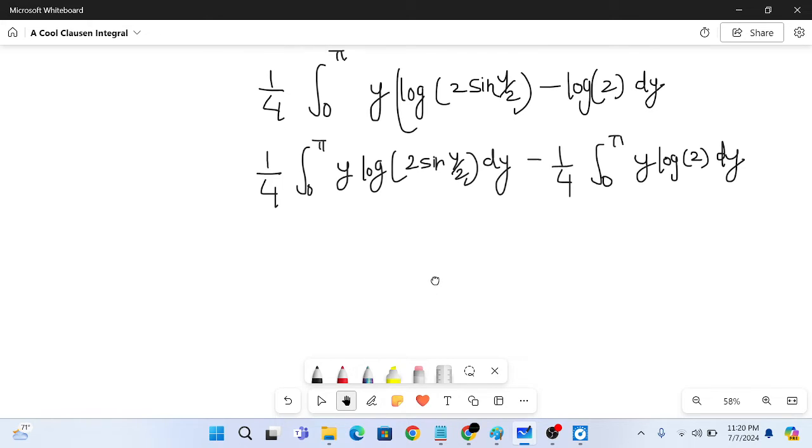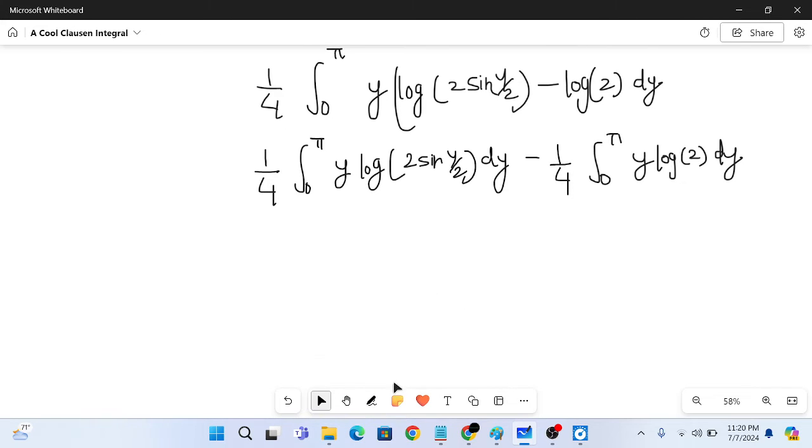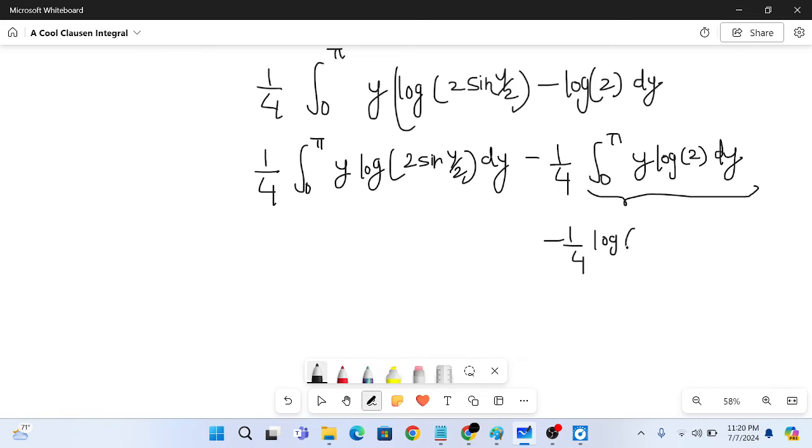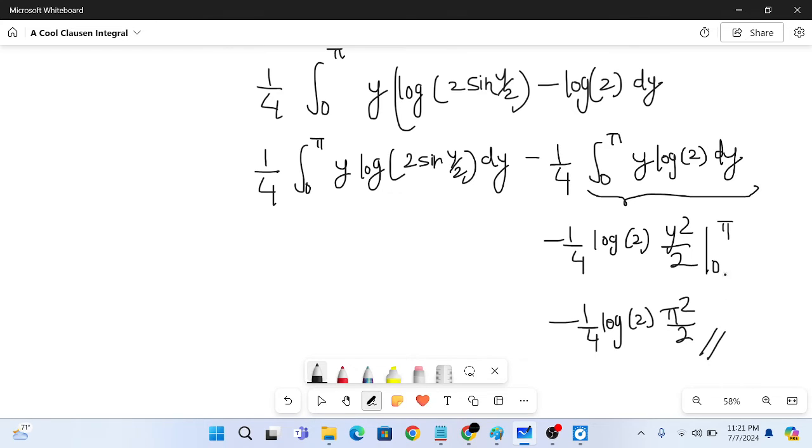Now I can integrate this easily. This is minus 1 by 4 log 2 times the integral of y, which is y square by 2, from 0 to pi. So this is minus 1 by 4 log 2, and then pi square by 2, minus 0, that will not be considered.